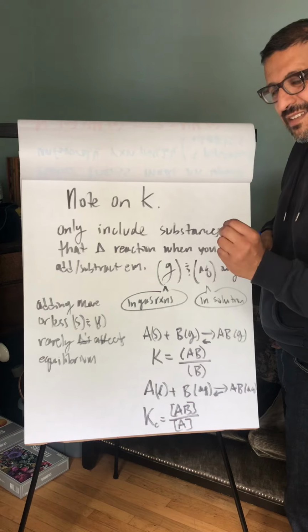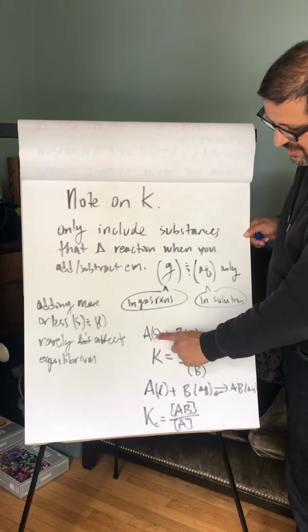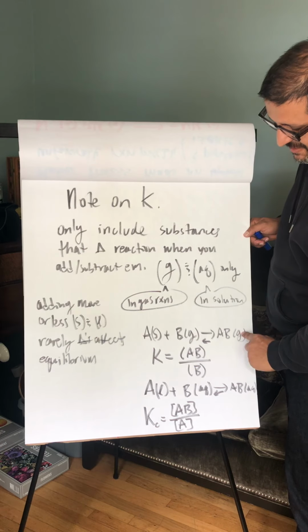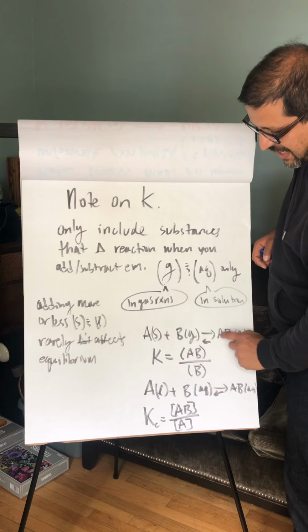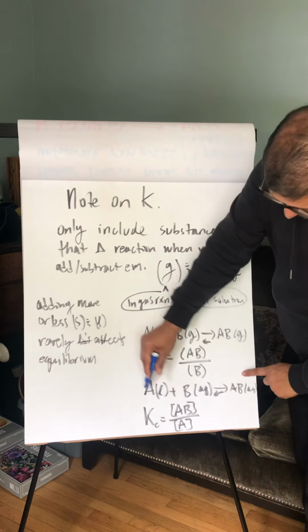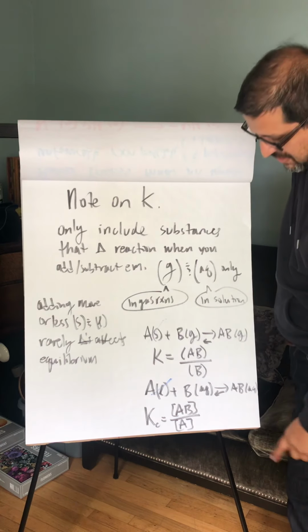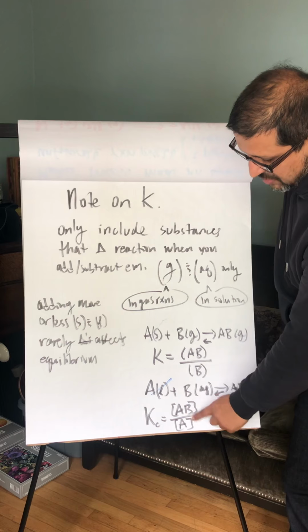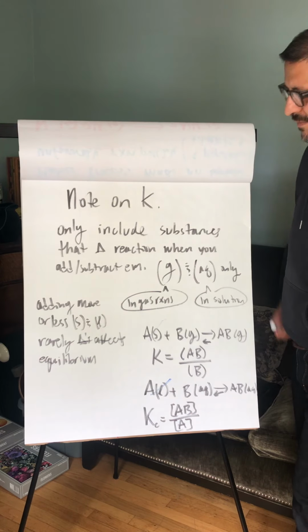It does a little bit, but not that much. So usually leave it out. So say you had a reaction that had solid plus gas goes to gas. In the K, you just write in the gas amounts. You leave the solids out. And same thing if you had liquid and aqueous, unless they explicitly say it reacts like that previous reaction, then you just have the equilibrium concentrations here. Okay? That's it.